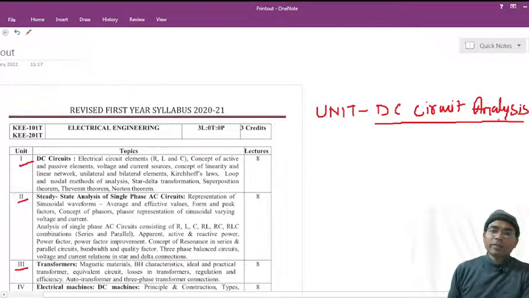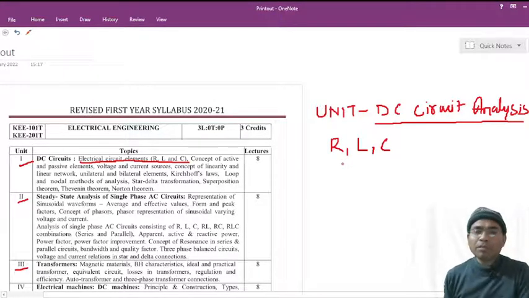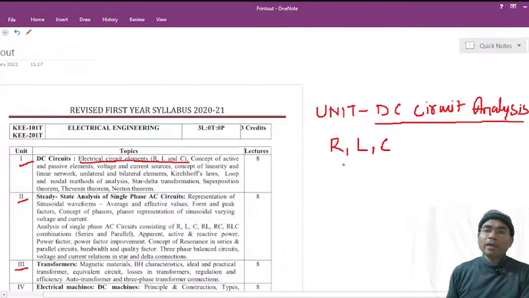First of all, we will learn what is DC power, what is the difference between DC and AC, and then there is an introduction of the basic elements of an electrical circuit, such as what is resistance, what is inductance, and what is capacitance. These are the basic building blocks of any electrical network.